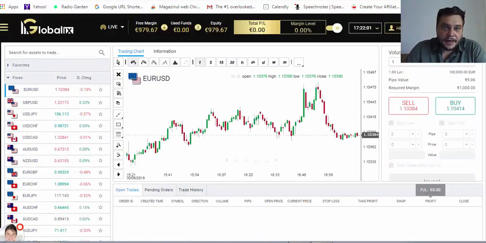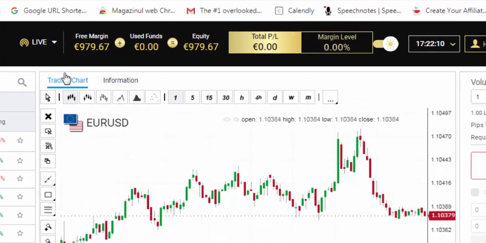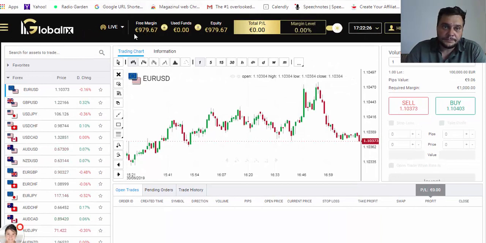And if we have a look at my Global X broker account, as you can see here, my free margin increased from yesterday. It was 647, and now it's 979.67 euros.